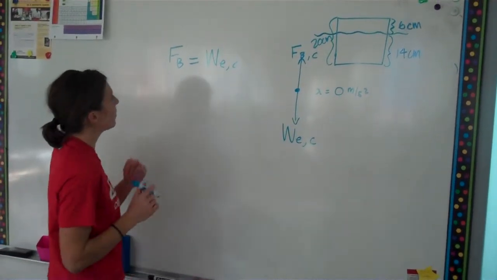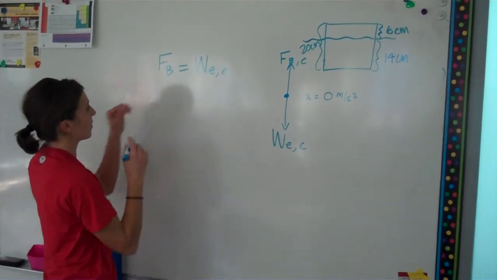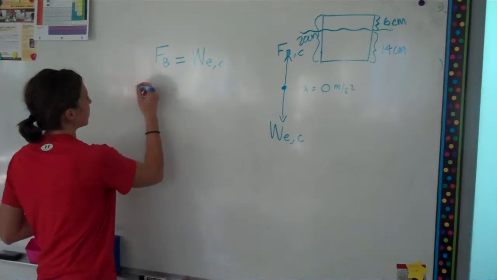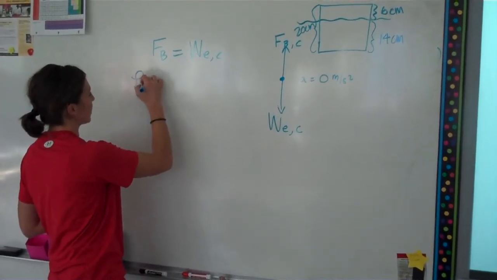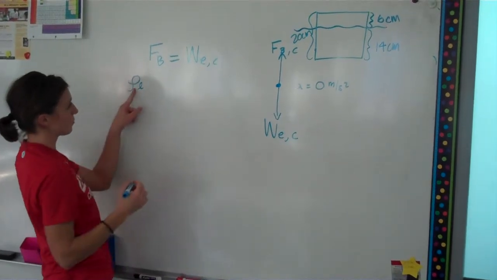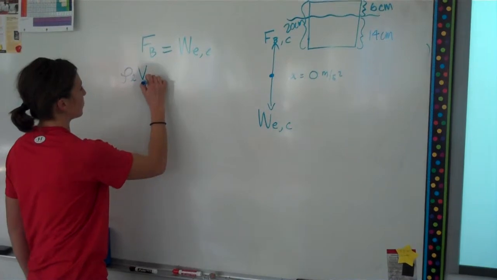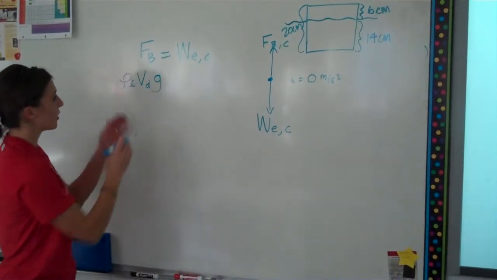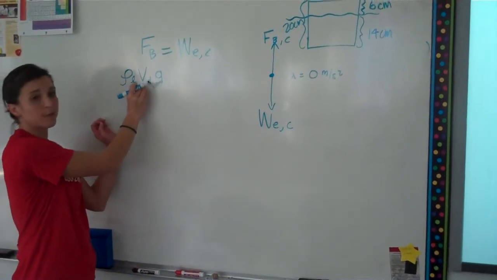Okay, so I know that buoyancy is the weight of the fluid displaced. So it's going to be the density of the liquid, that's rho, a little L there, times the volume displaced times gravity. Another way to think about this is mass, because density times volume is mass.